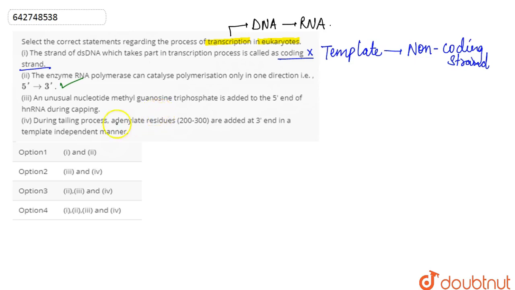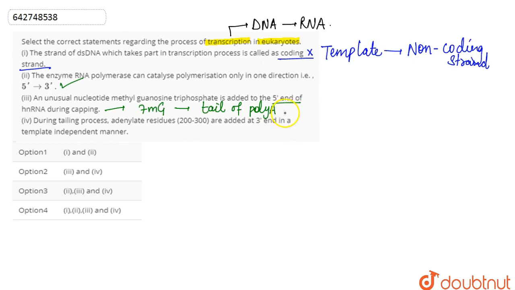At the 5' end of the hnRNA, a cap which consists of 7-methyl guanosine triphosphate, and a tail of poly A adenylate residues at the 3' end are added.